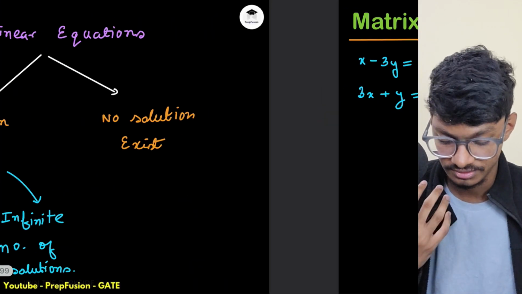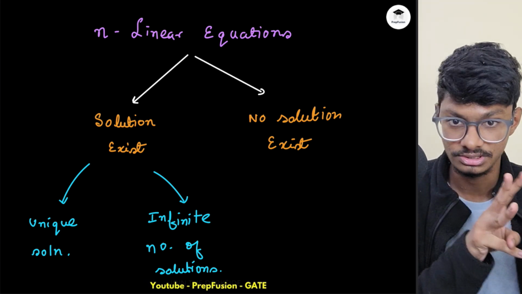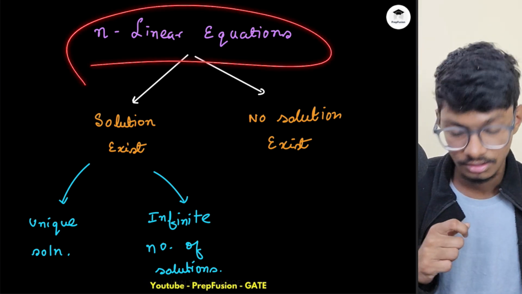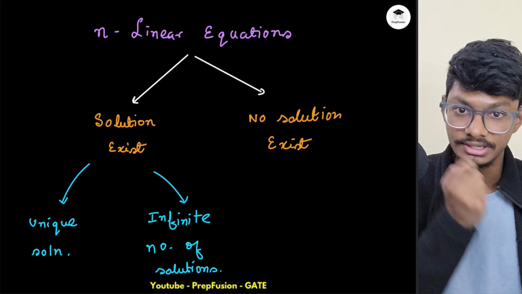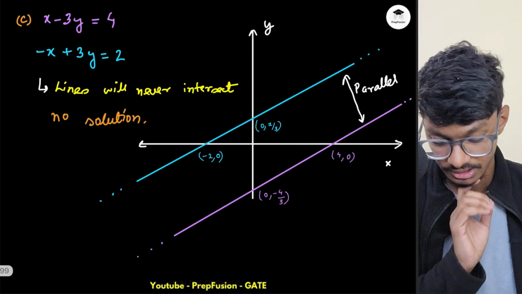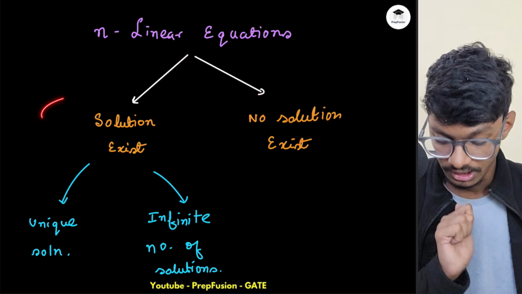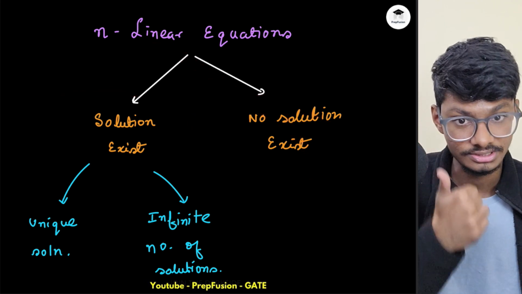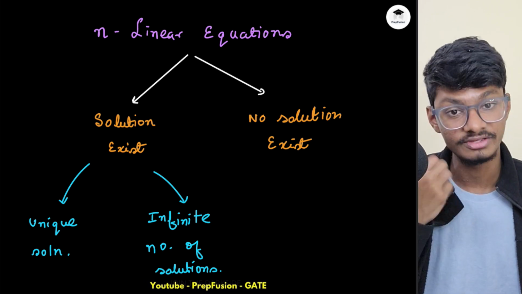So basically what we have studied, I have taken three linear equations, and we have covered basically everything. What can happen with linear equations is that a solution either can exist or cannot exist. Here no solution exists, so we're falling in this category. Now if a solution exists, there can be two subgroups. I can have a unique solution.